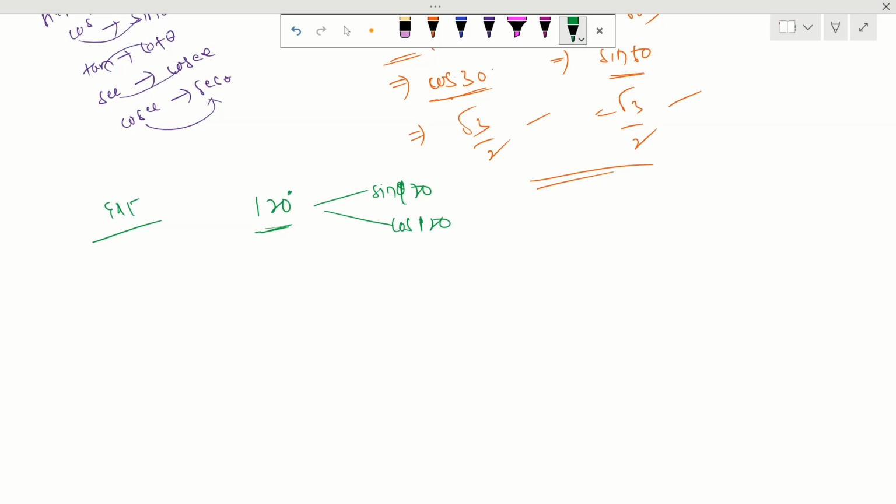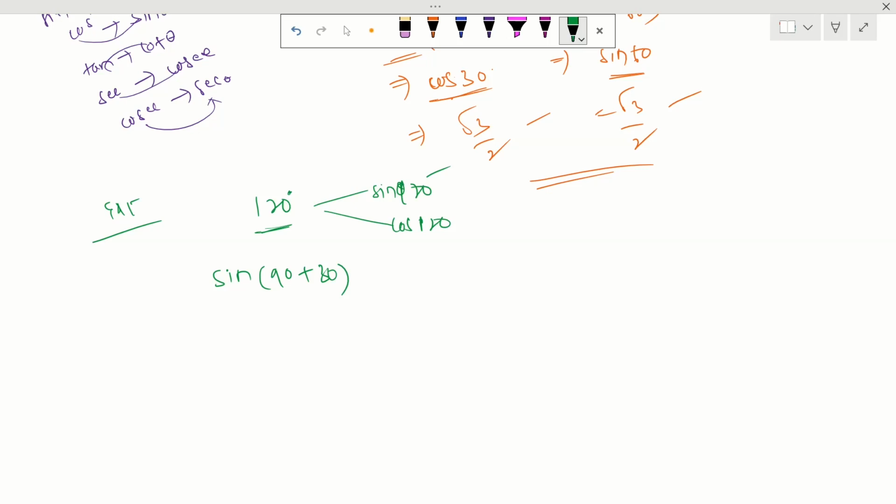Then how can we write? So I am writing sine 120 degree. We don't know this value from the table. Therefore I am writing sine 120; either you can write 90 plus 30.